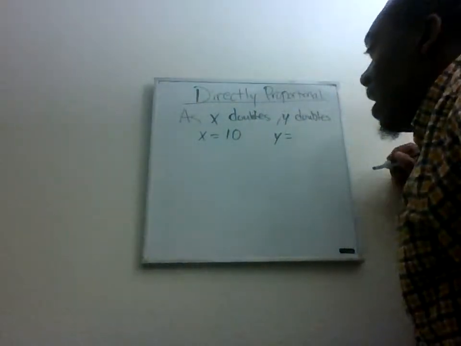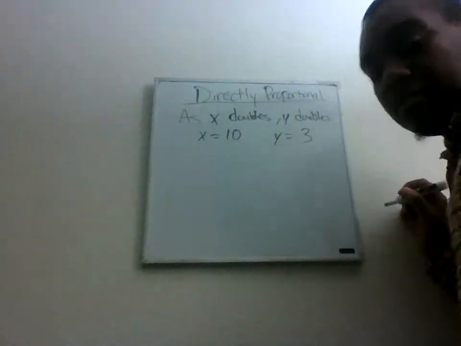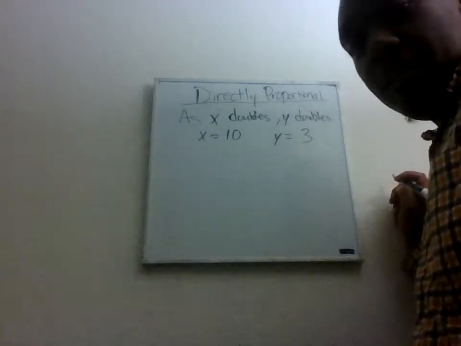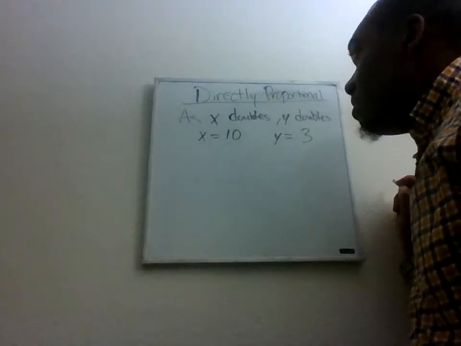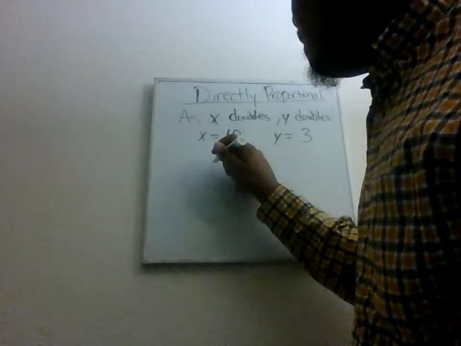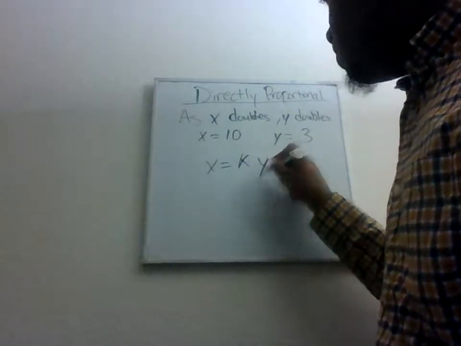When x was 10 and y was 3. As x was 10, y was 3. And I want to write an equation for the relationship between x and y. I know that as x doubles, y doubles. So I know that x has to equal some constant times y.